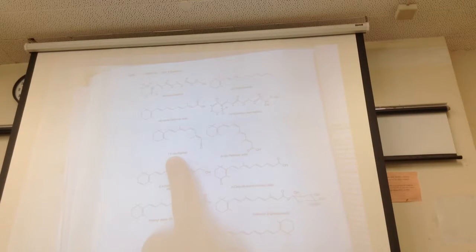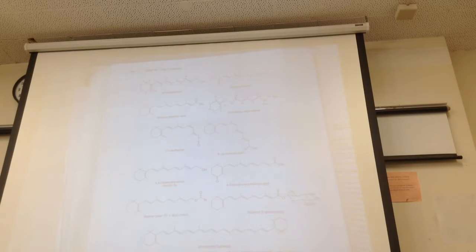11-cis retinal has a cis bond in it, right? Instead you've got 2 trans and 2 cis. And then it's an AL, so we've got the double bonded O at the end. And then all trans beta carotene.